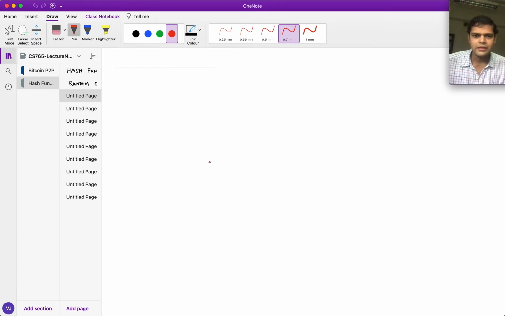So in practice, of course, hash functions don't generate random numbers. Hash functions are deterministic functions, which is why it's non-trivial to build a real hash function which has properties similar to the random oracle. So let's talk about cryptographic hash functions.